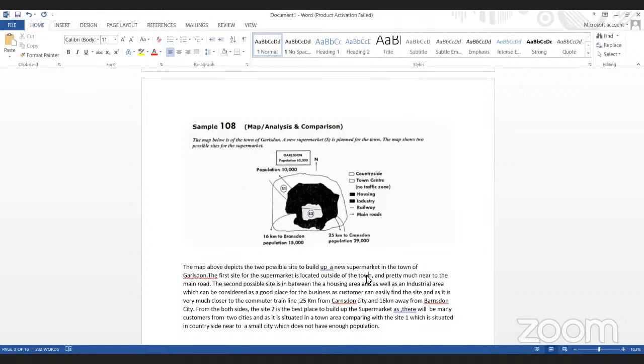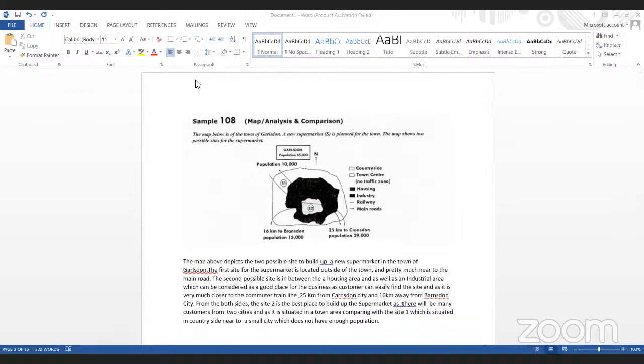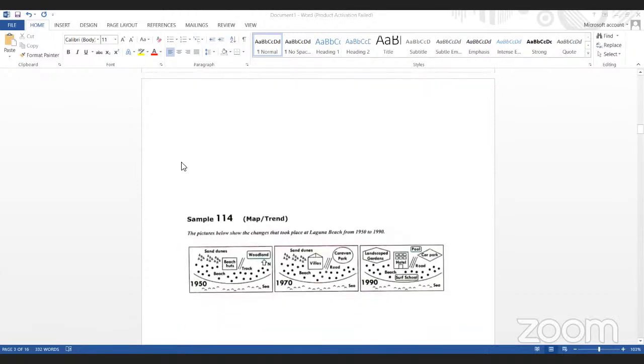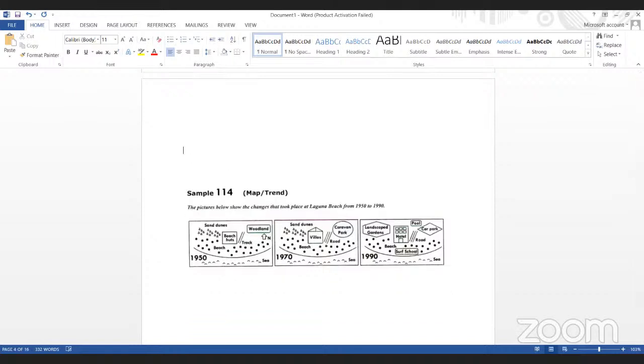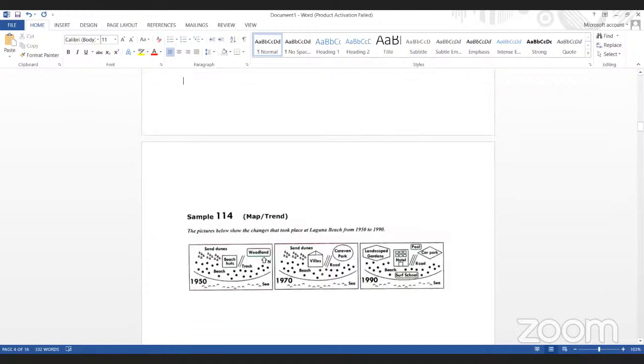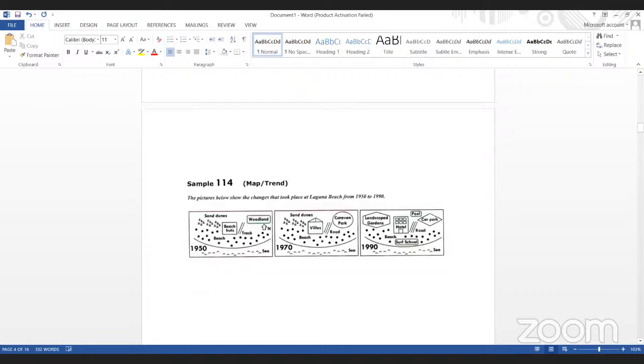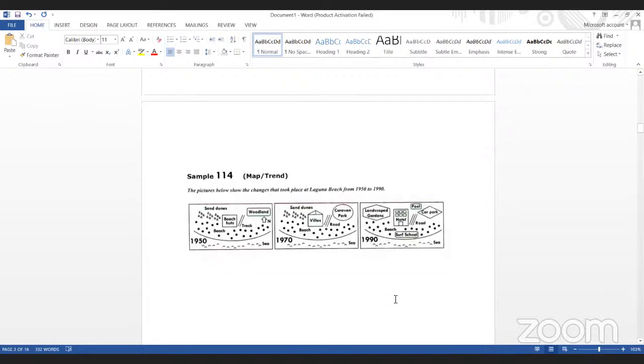All right, now your next one is your homework. This is your homework. You have 3 maps to compare, right? Guys, you have 3 maps to compare. Take a photo of this one and write the answer and send it to me ASAP, because only 2 of them sent the answers for the previous one.